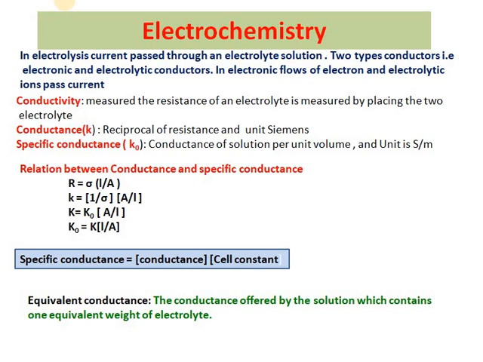The distance between the two electrodes and the area of cross section between the two electrodes will depend on the geometry of the conductivity cell used for measurement of the conductance. The system used to measure the conductance of a solution is known as the conductivity cell.